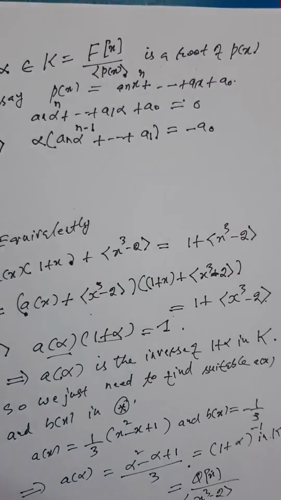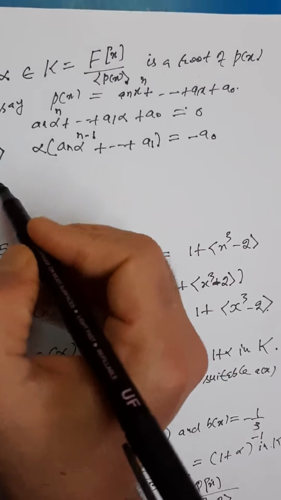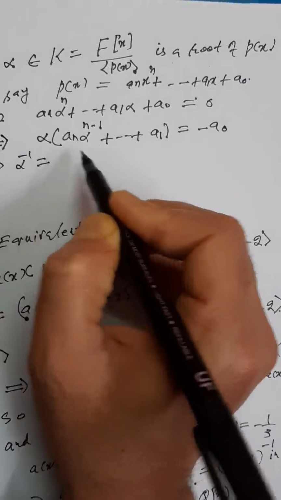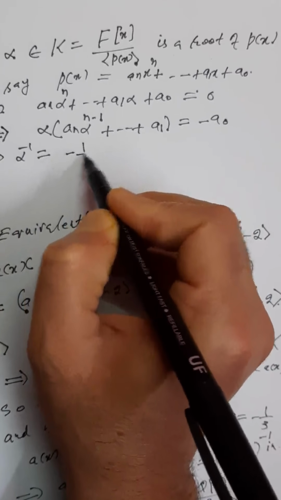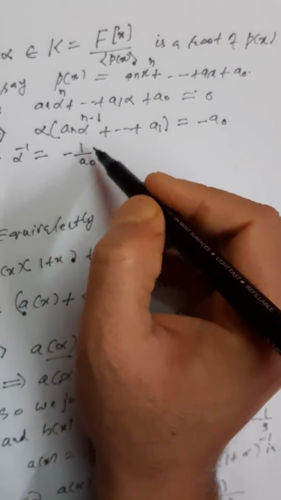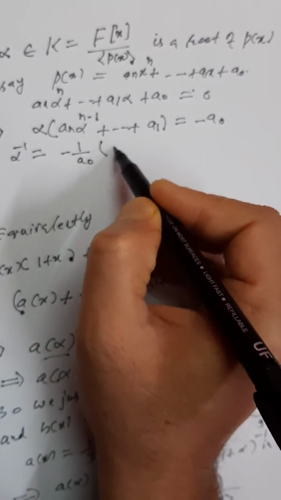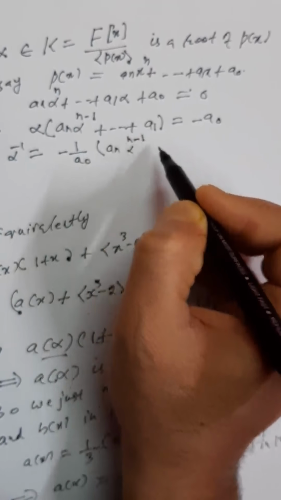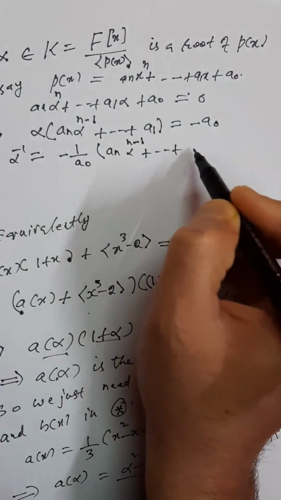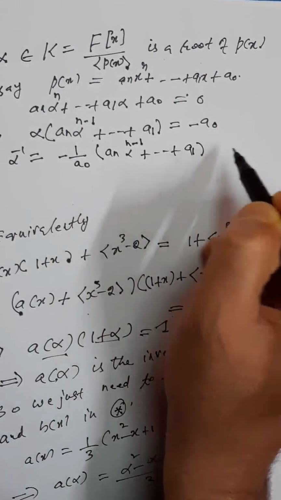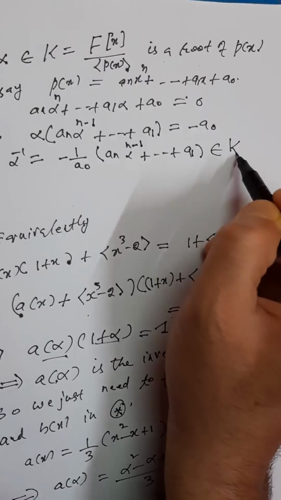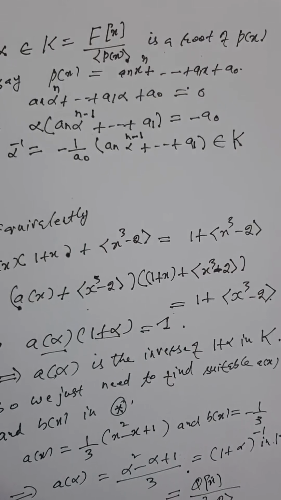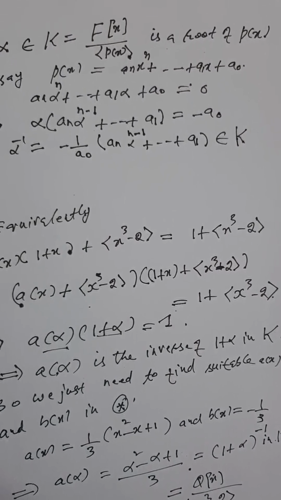Equivalently, alpha inverse is minus 1 upon a0 times (a_n alpha raised to power n minus 1 plus so on plus a1), belonging to K. So this is how we can find the inverse of any element in K.